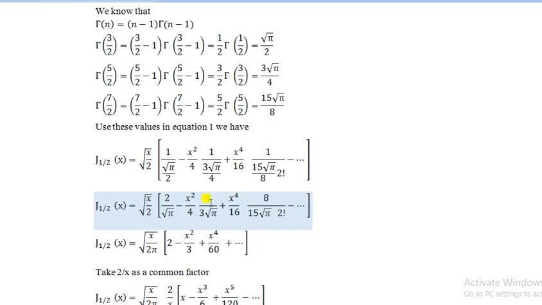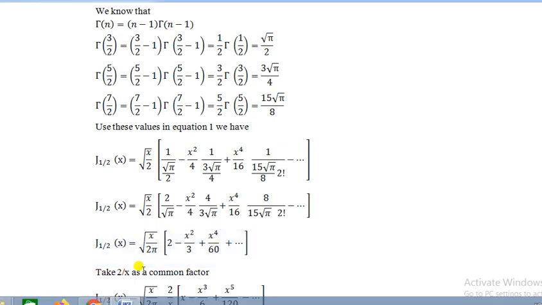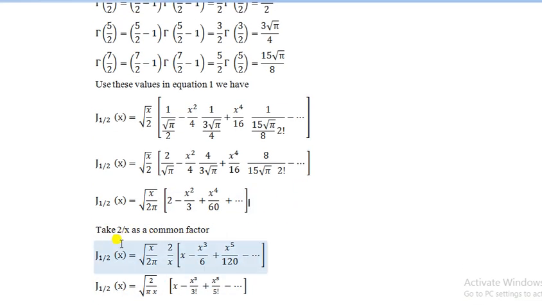So 4 and 4 cancelled out. x square divided by 3, plus 8 ones are 8, 2s are, so 2 into 15 is 30, 30 into 2 then becomes 60. So then we take 2 by x as common in the above function. If you take 2 by x as common, the first term becomes x here, or if you multiply this whole bracket by 2 by x, x cancelled out, first term becomes 2.